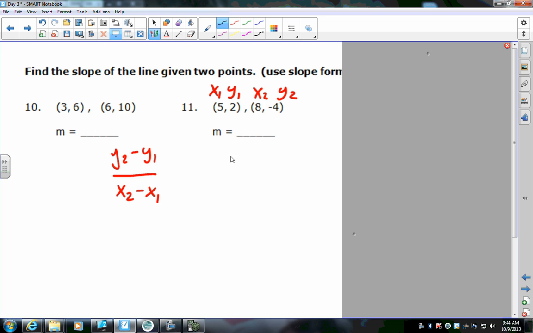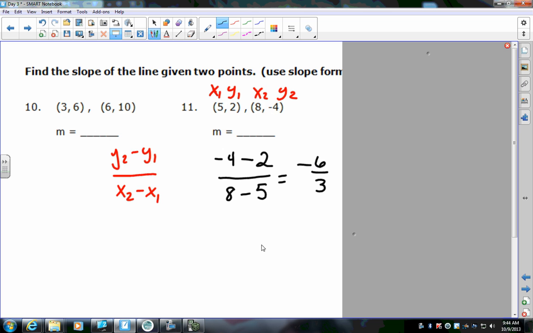All right, so now let's look. Y2 is -4, so you should have written down -4 minus y1 is 2 over x2 is 8 minus x1 is 5. -4 minus 2 is -6. 8 minus 5 is 3.